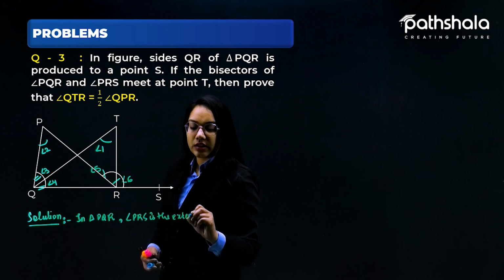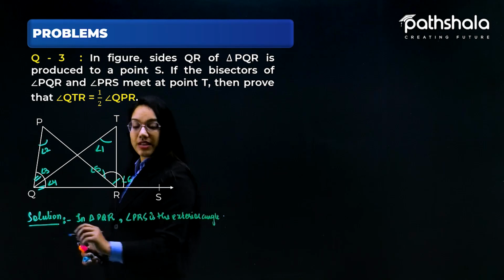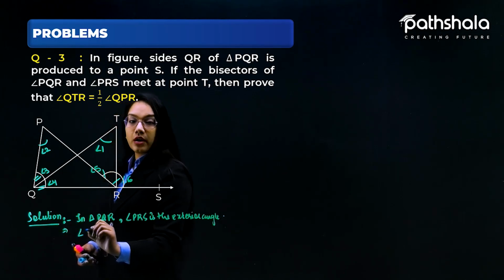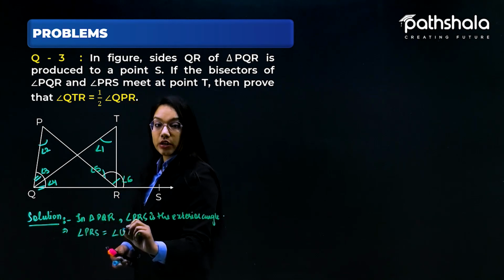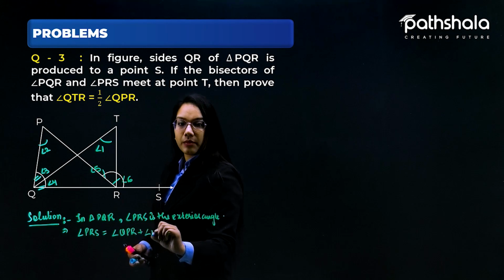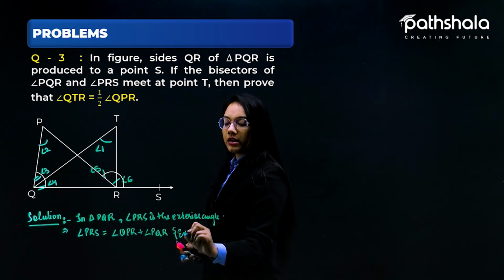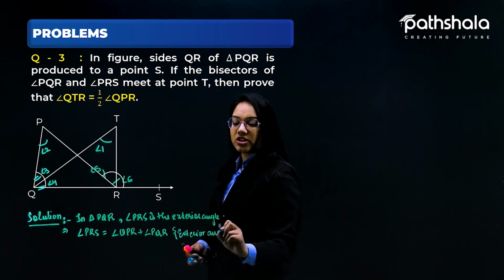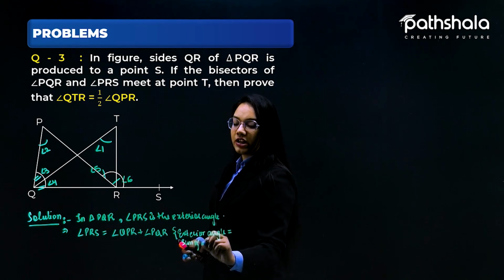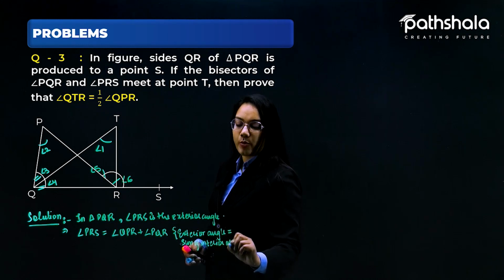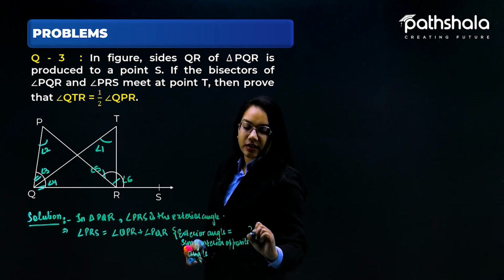So PRS should be equal to angle QPR plus angle PQR, because we know that the exterior angle is equal to the sum of the interior opposite angles. Using that concept, we can write it in this particular manner.